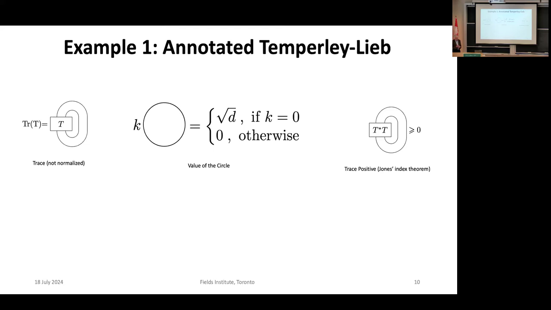This trace with this choice of the circle is positive, namely if you take the trace of any T star T, it's greater than or equal to 0. And this is a special case of Jones index theorem, who showed that there are certain values of the circle which give positivity for the planar algebra.